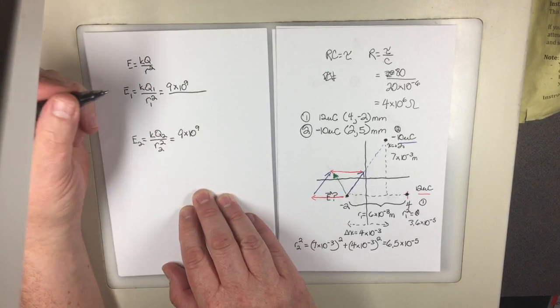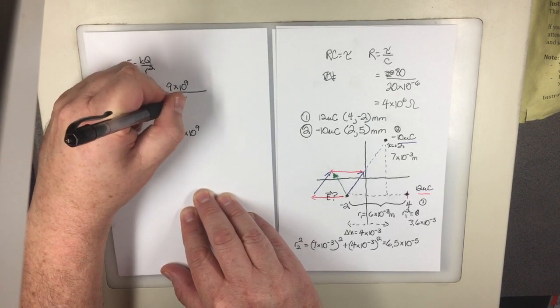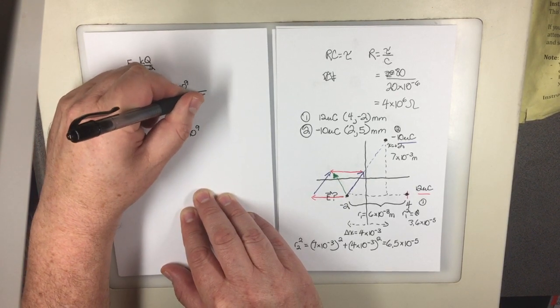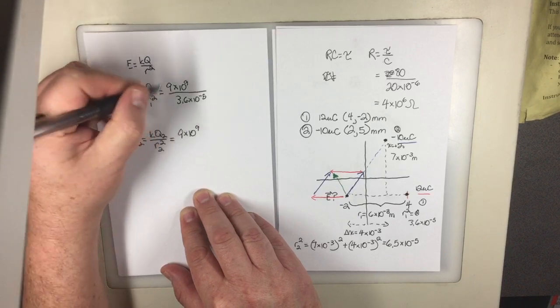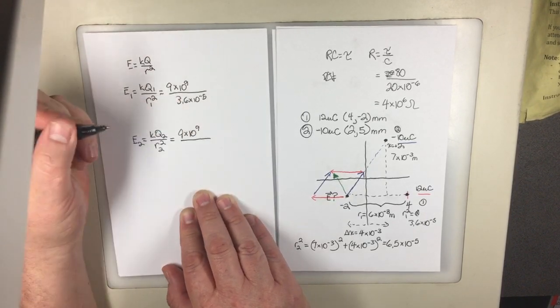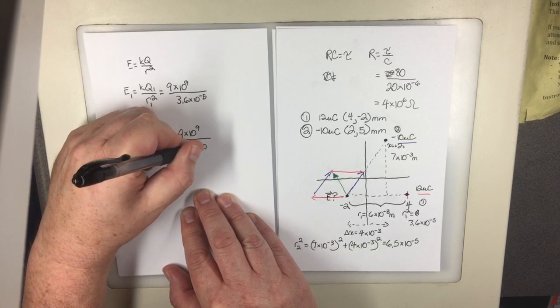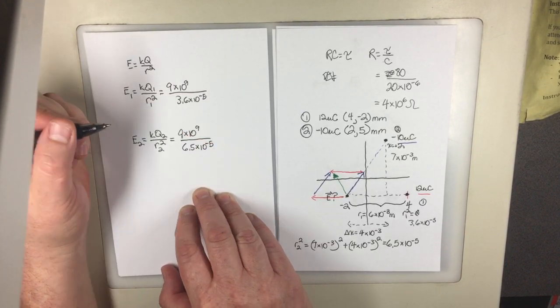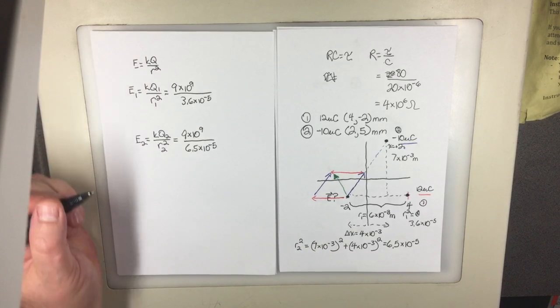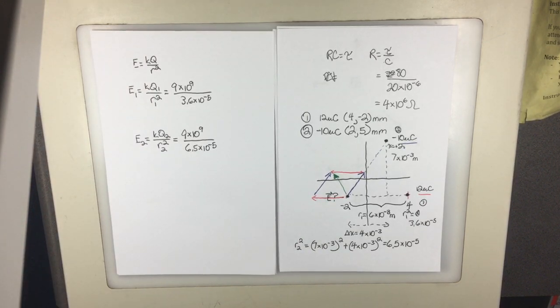R1 squared, 3.6 times 10 to the negative 5. It's already been squared, so I don't have to do anything with it. R2 squared is 6.5 times 10 to the negative 5. Now Q1 and Q2, it's a capital Q. One of the things that we're consistent about with dealing with electric fields is that Q, capital Q, is always positive.